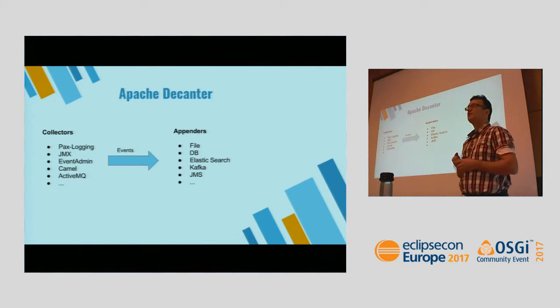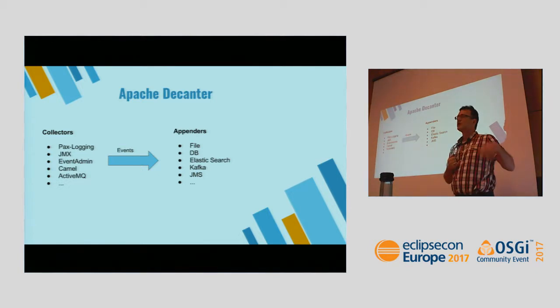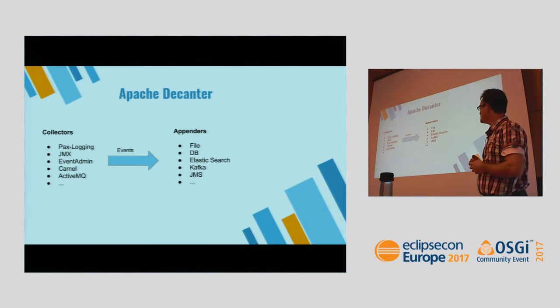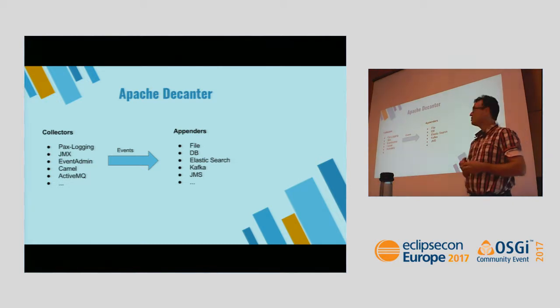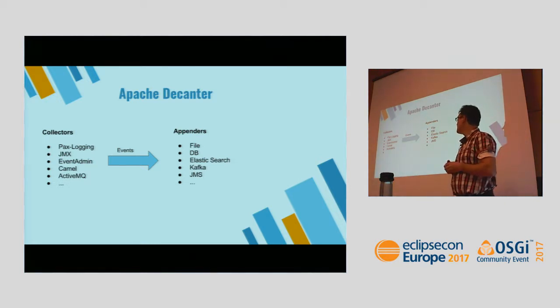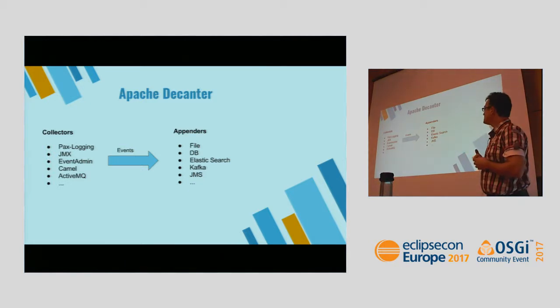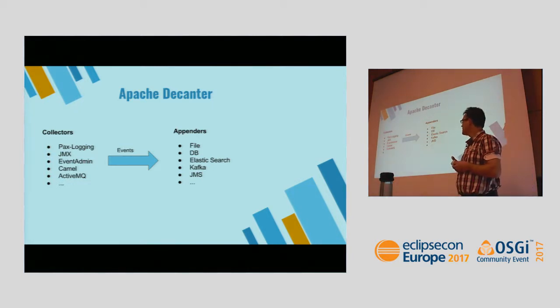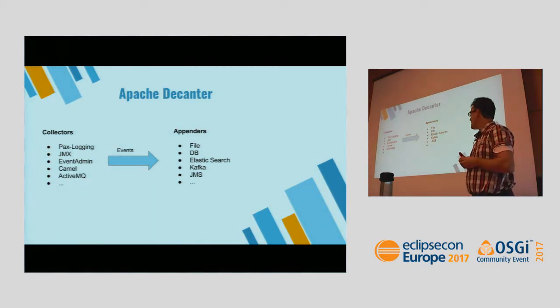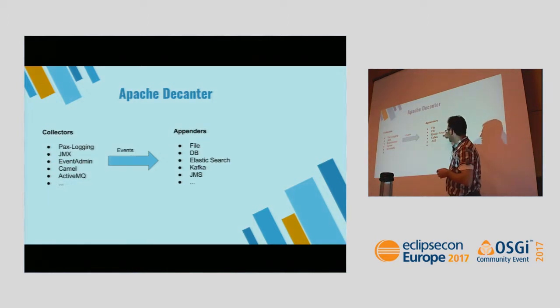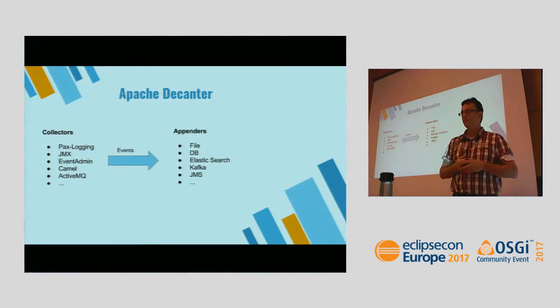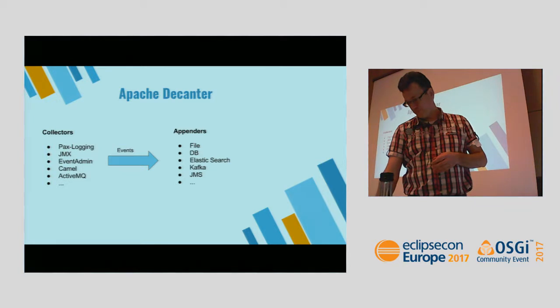There are also special modules for Camel, ActiveMQ, and quite a few more. So it's easy to set it up and get some useful information out of it. On the appender side, there's a big list: file, database, Elasticsearch, Kafka, JMS. I will be mainly looking into Elasticsearch and Kafka for this talk, but there are a lot more.